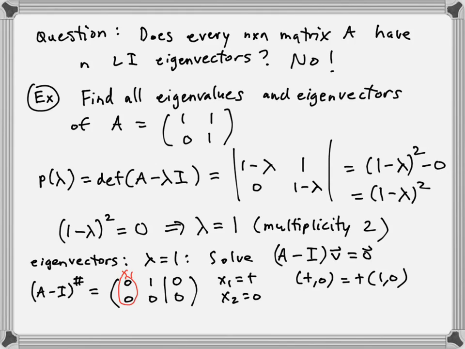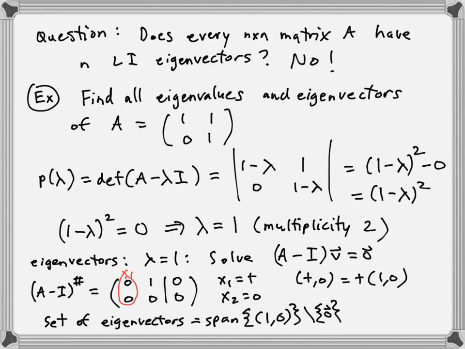And so what would the set of eigenvectors be? It would be the span of 1, 0, take away 0. How many linearly independent eigenvectors?